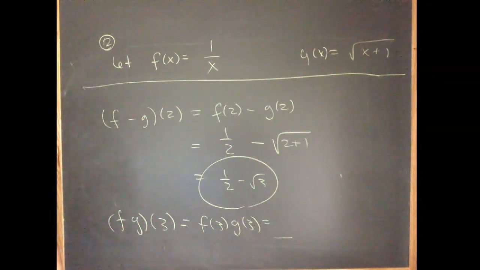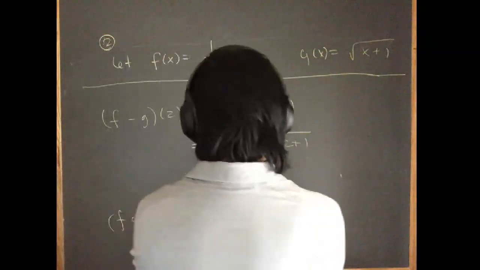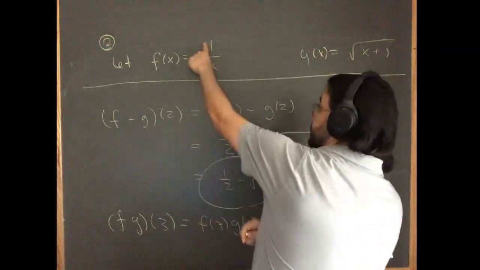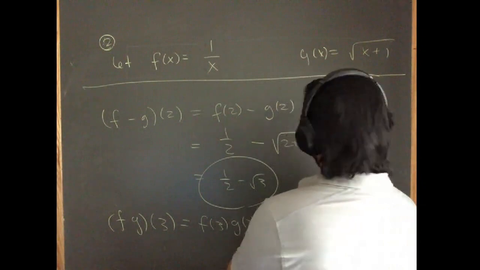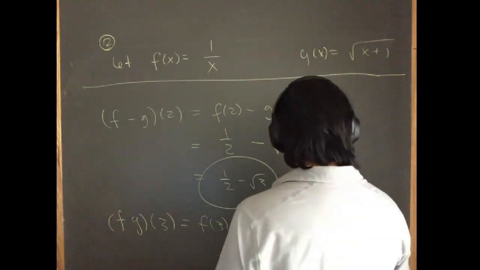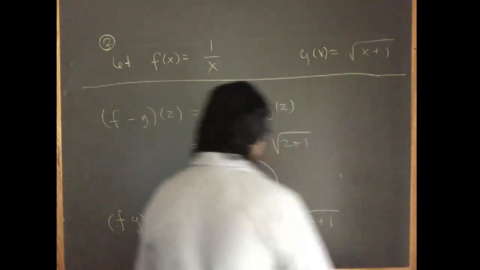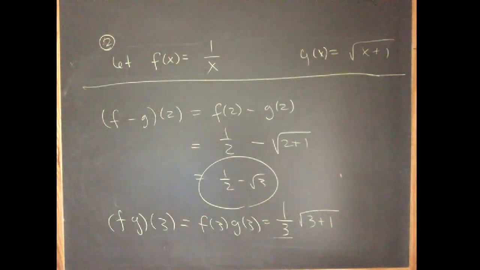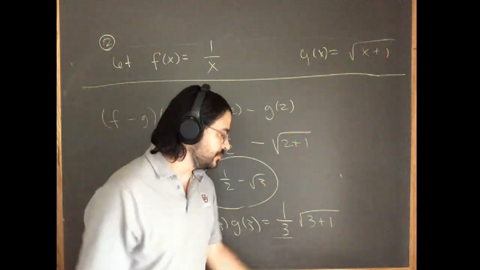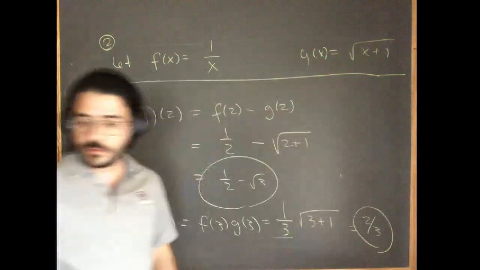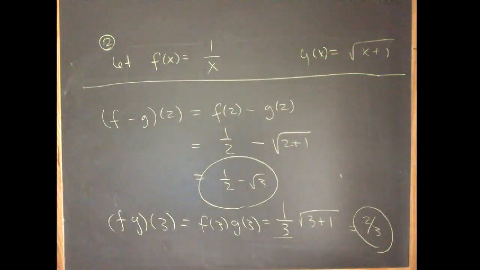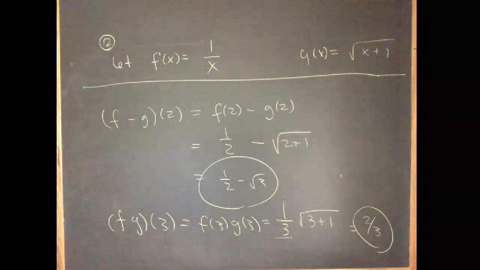Okay, so we've got 2/3 coming in. Let's see how that's correct. So f of 3 is 1/3, 1 over 3. That's this guy. g of 3 is the square root of 3 plus 1. Now the square root of 3 plus 1 is just the square root of 4, right? And the square root of 4 is 2. So this is 2/3. Okay, so 2/3 for that guy.